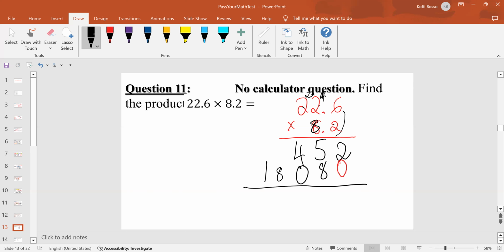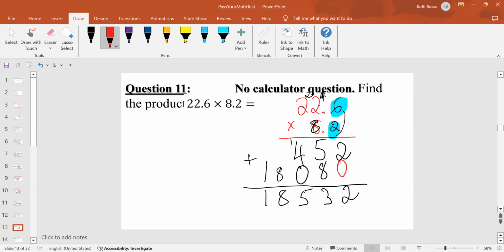Now I'm going to do the addition. 2 plus 0 is 2. 5 plus 8 is 13, so 3, and I carry 1. 1 plus 4 is 5. 5 plus 0 is 5. I have 8, I have a 1. It's not done yet. Now we need to place the decimal. To do that, you count how many decimal places we have here: 1, also here 1, in total 2.